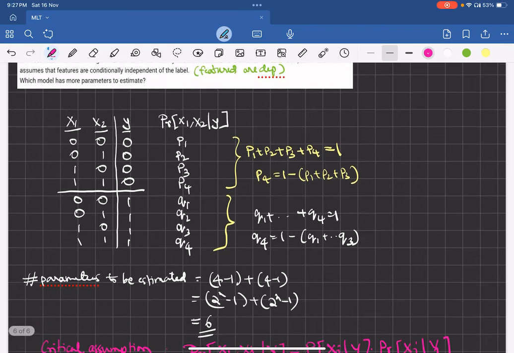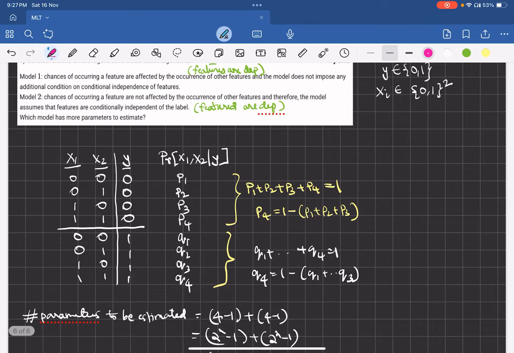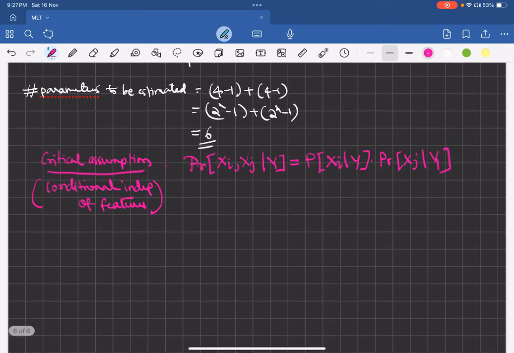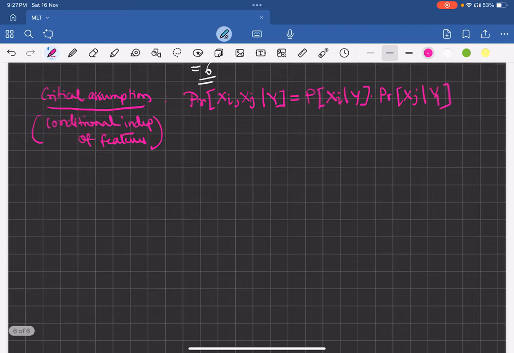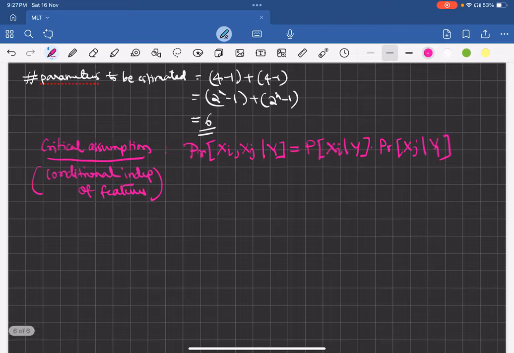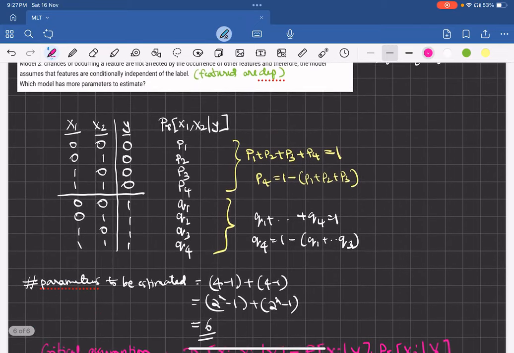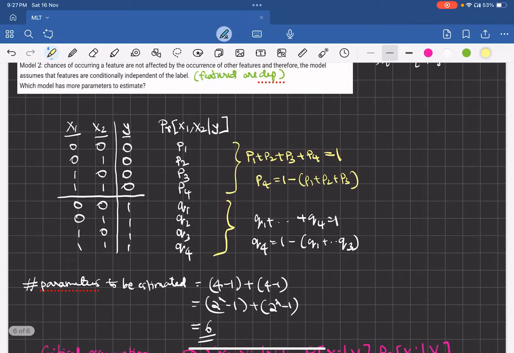Okay, so now, again, let's come back to the problem of discussing how many parameters will be required to be estimated. All right, so now, when we have this additional assumption which says that they are independent, what does that mean?